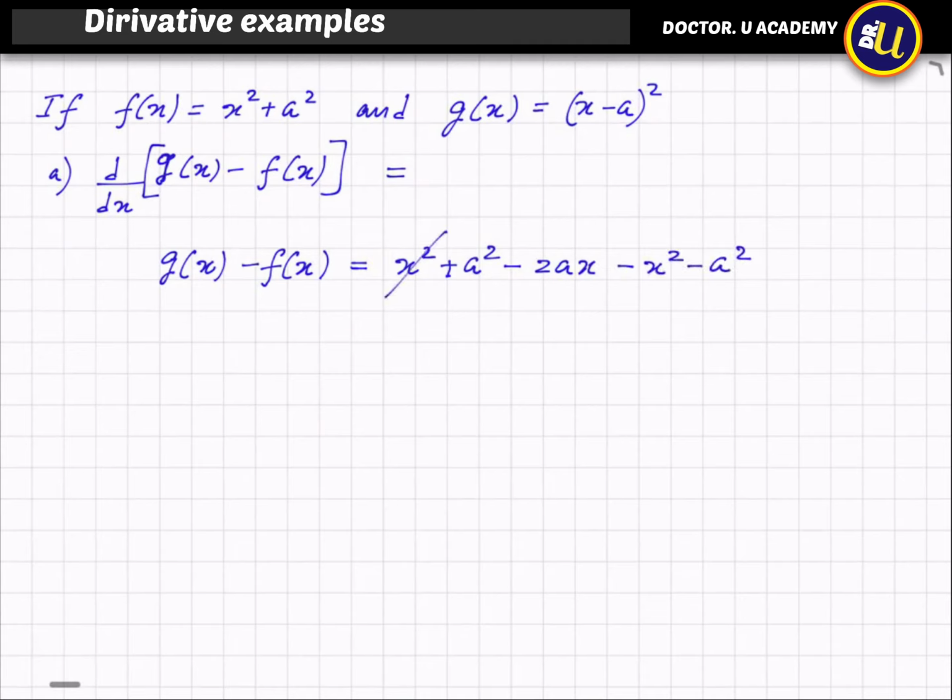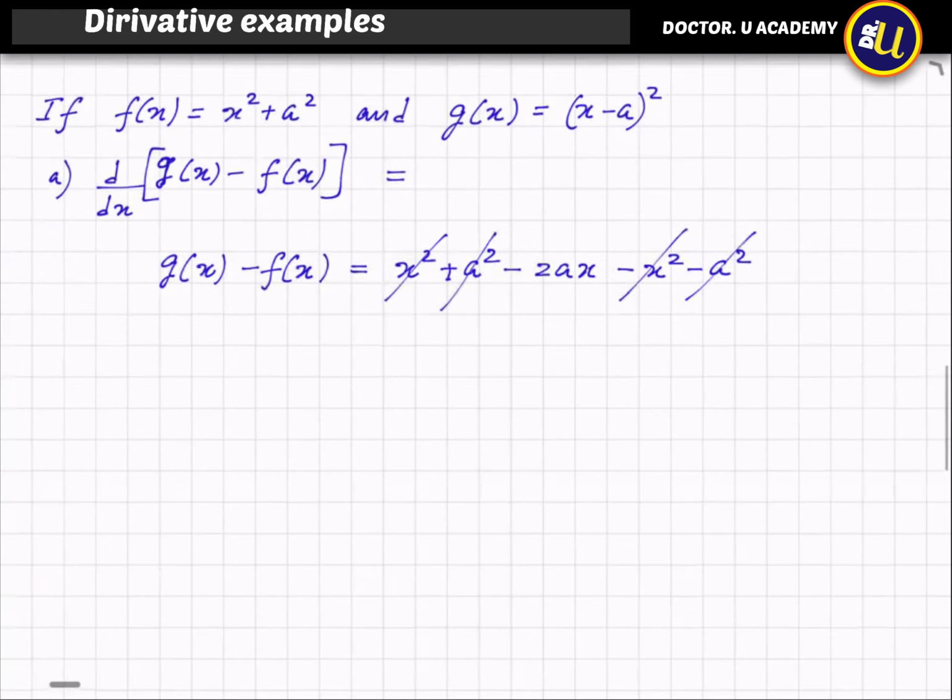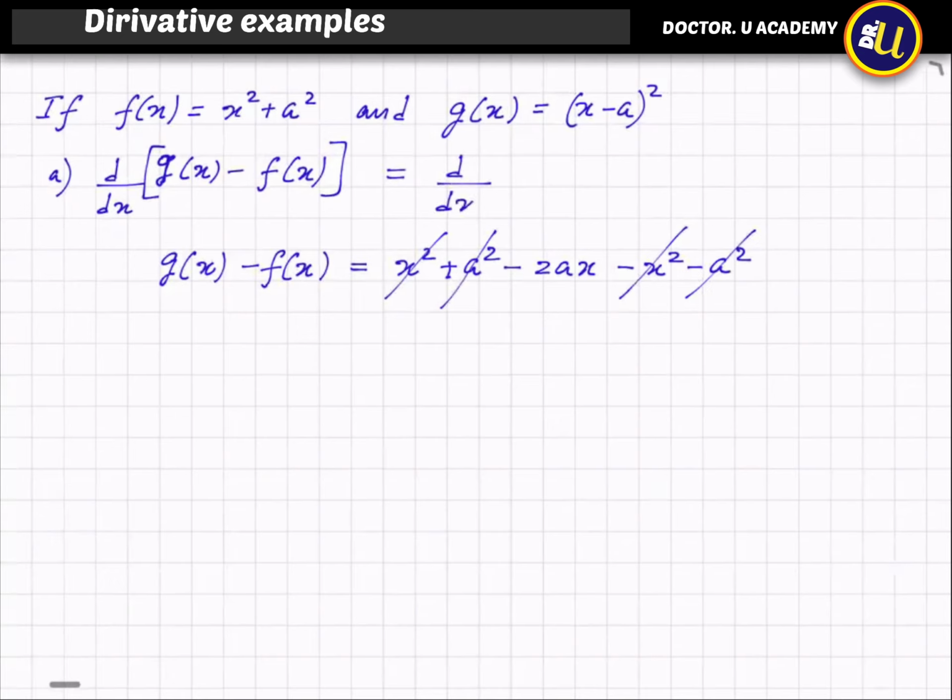So you can cancel these two off, you can cancel these two off, so it's very easy now. So this is nothing but d/dx of minus 2ax. So you can take minus 2a out, so it's going to be d/dx of x, which is 1, so it's going to be minus 2a. So that's the answer to that question.